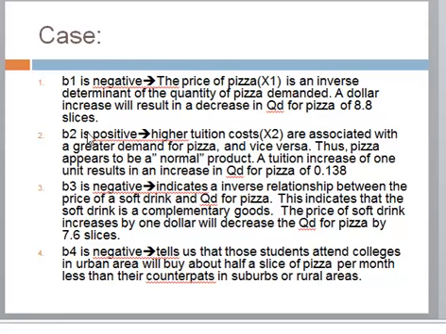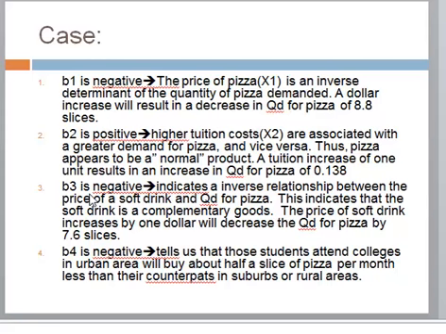B2 is 0.138. It's positive, so higher tuition costs are associated with a greater demand for pizza and vice versa. Thus, pizza appears to be a normal product. A tuition increase of 1 unit will result in an increase in quantity demanded for pizza of 0.138.